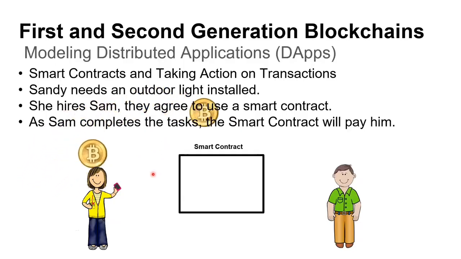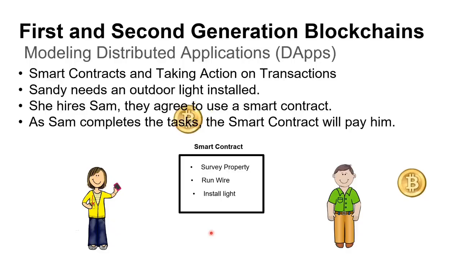So Sandy uploads her Ether to the escrow. And then as certain conditions are met, Sam can get paid. So after Sam runs the wire, he gets some kind of a payment. And then ultimately he installs the light and payment in full is completed.